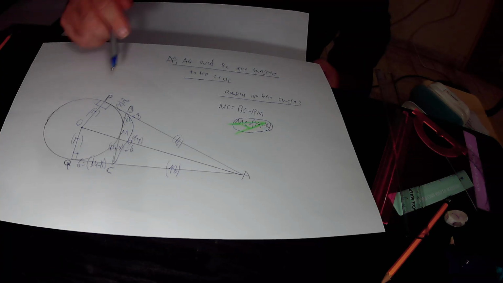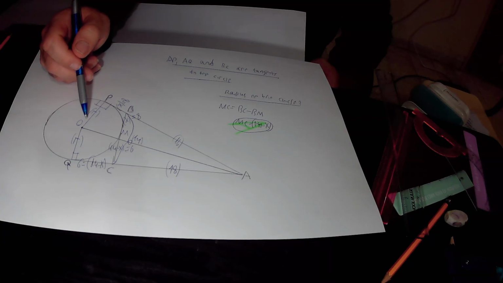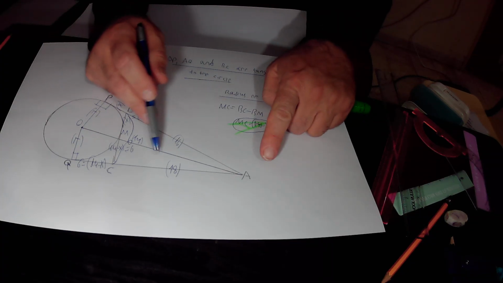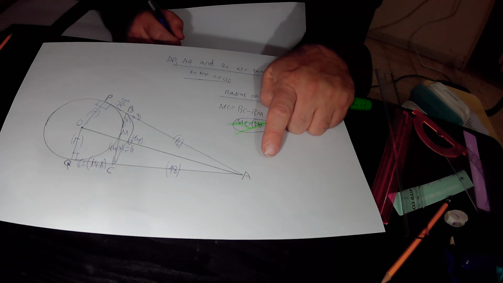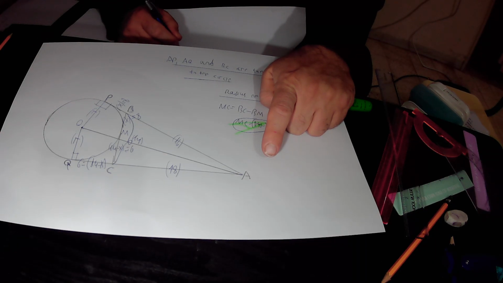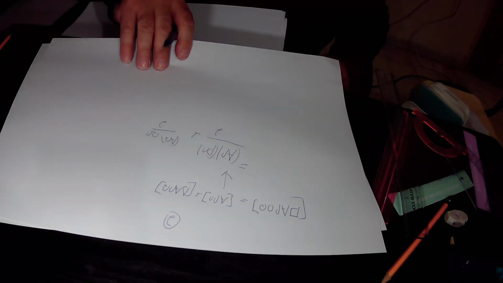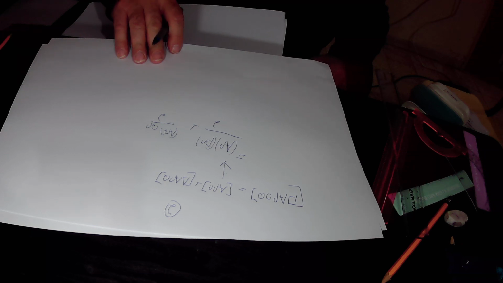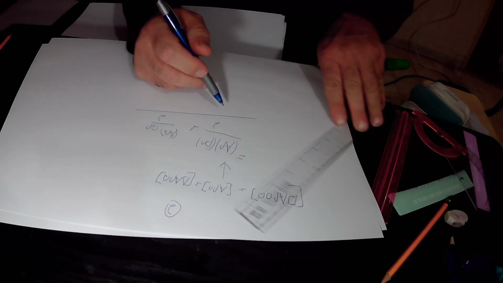Plus the area of the lower right triangle OQA. The area of this lower right triangle OQA equals the base AQ times the height QO over 2. So the area of the quadrilateral APOQ equals AP times PO over 2.